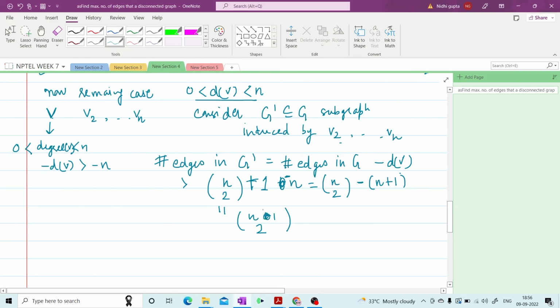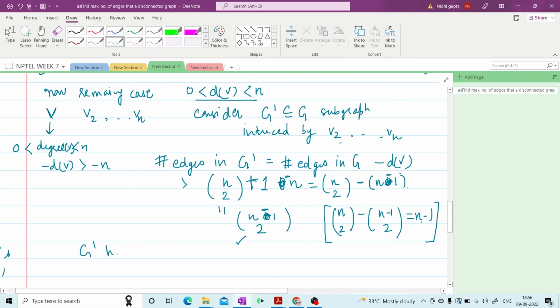This should be n minus 1 choose 2, n choose 2 minus n minus 1. So we are basically using this equality: n choose 2 minus n minus 1 choose 2 should be n minus 1. So now this term is basically n choose 2 minus n minus 1, which is nothing but n minus 1 choose 2.